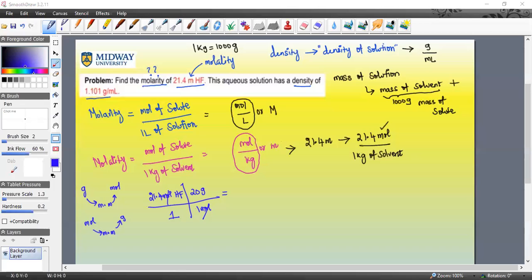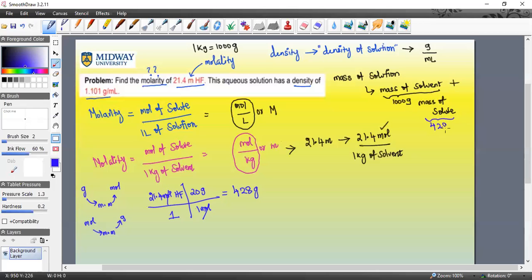So that is 428 grams, right? This number right here is 428 grams.